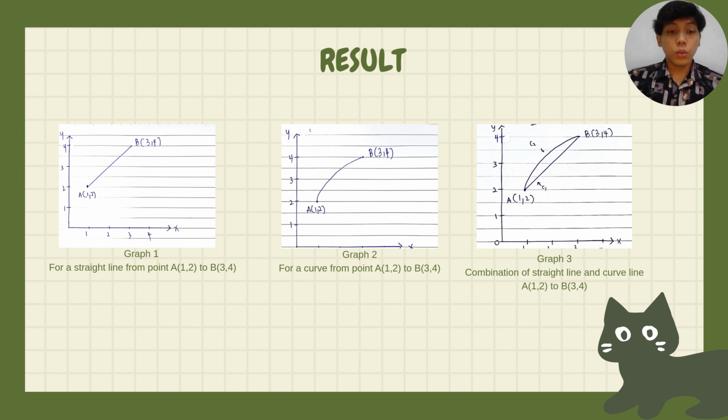For graph 2, we sketch a curve from point A(1,2) to B(3,4) and state it as C2. We can see the curve is like that. As you can see from graph 3, it is the combination of the straight line and the curved line. From the combined line and curve, it shows the independent paths taken from the function. Thus, we can see the two paths are piecewise smooth without any intersection from the others.